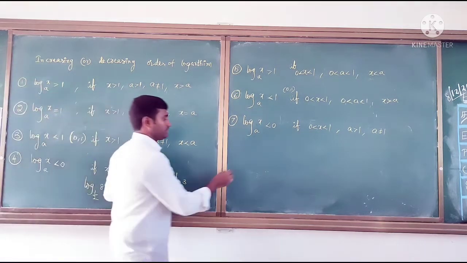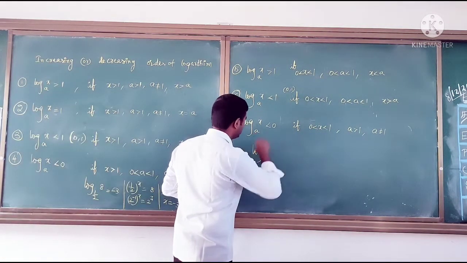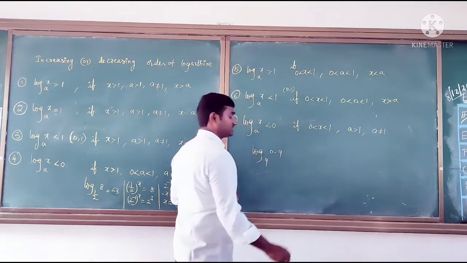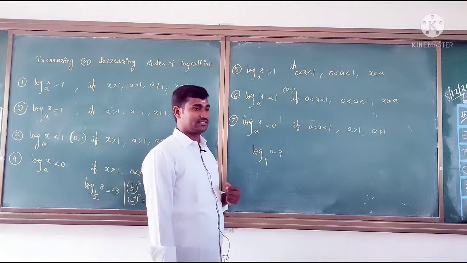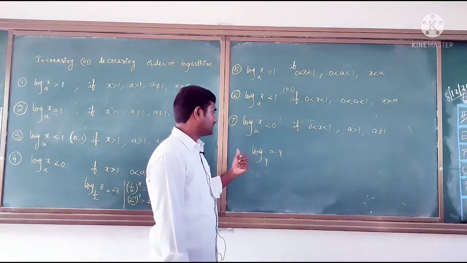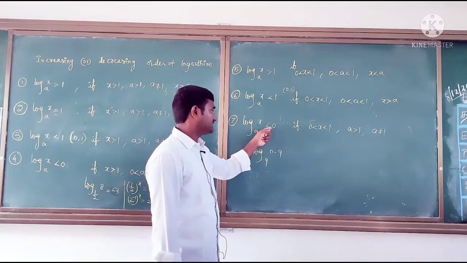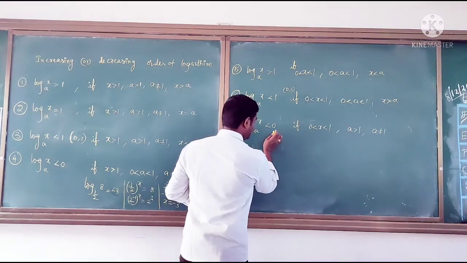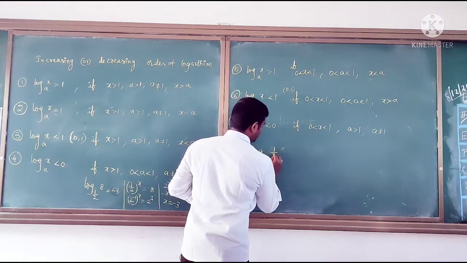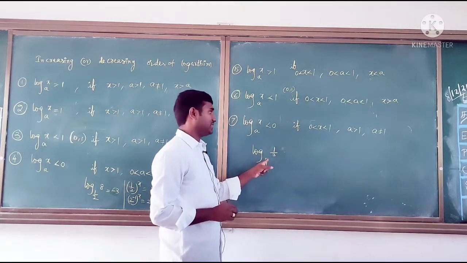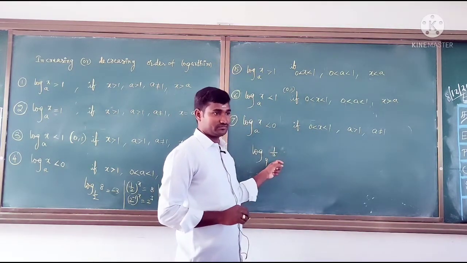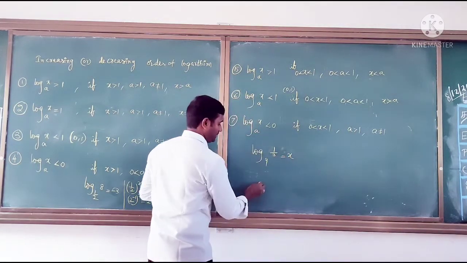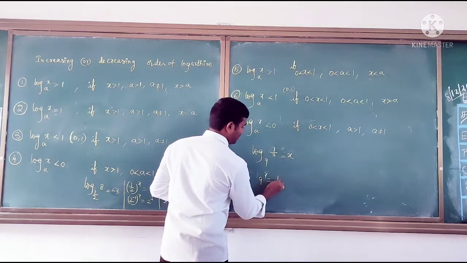Okay, see. Log 0.9 to the base 9. So this is negative, less than 0. Less than 0 means a negative number. Suppose, for example, you can take 1 by 3. 1 by 3 lies between 0 and 1 only now. 9 is greater than 1. So you can take this equal to x. 9 power x is equal to 1 by 3.